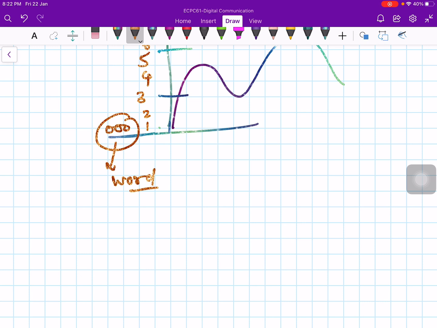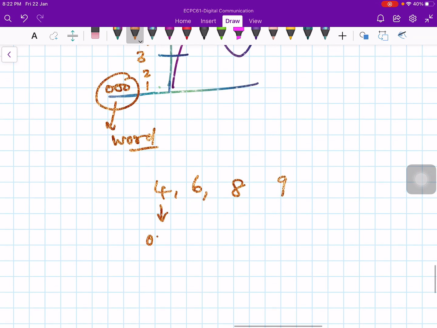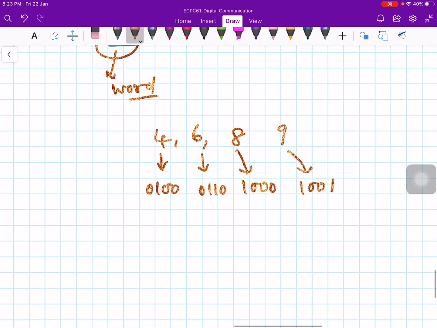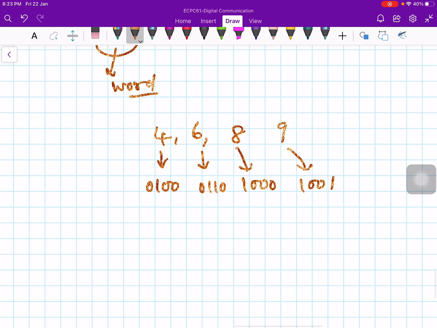We would like to talk in terms of voltages and currents. For example, I want to transmit 4, 6, 8 and 9. Then 4 is 0100, 6 is 0110, 8 is 1000, and 9 is 1001. Now I have taken 4, 6, 8 and 9 and represented each of them by a 4-bit word. This is one word, and this is the second word, third word, and fourth word.